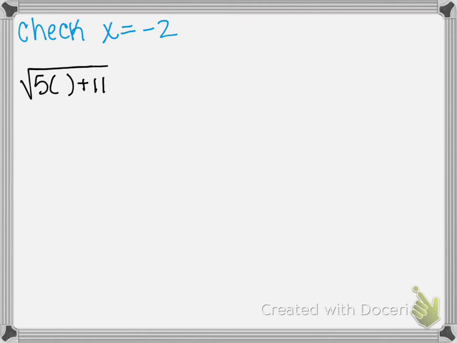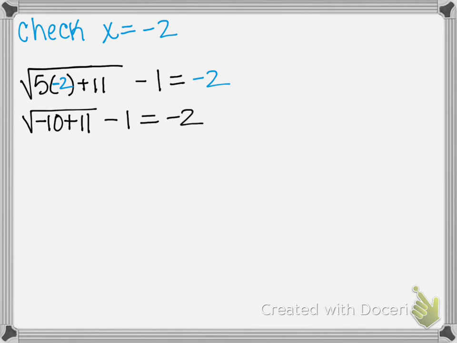So I have the square root of 5x plus 11 minus 1 is supposed to equal x. So I'm going to replace those x's with -2. So under my square root sign, 5 times -2 is -10 plus 11, and then outside I have -1, and that's supposed to equal -2.